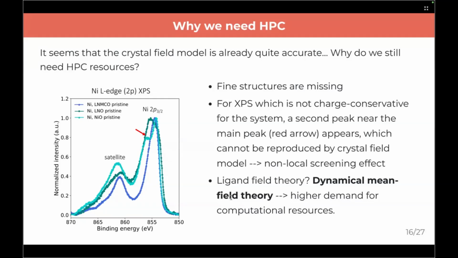But besides that, even if you use, for example, the crystal field model or ligand field model, where you have to include the ligand orbitals, then you can imagine that the dimension of your matrix will be enlarged.